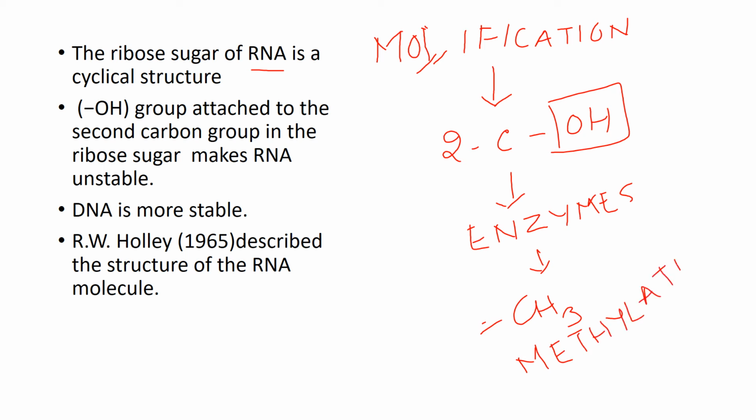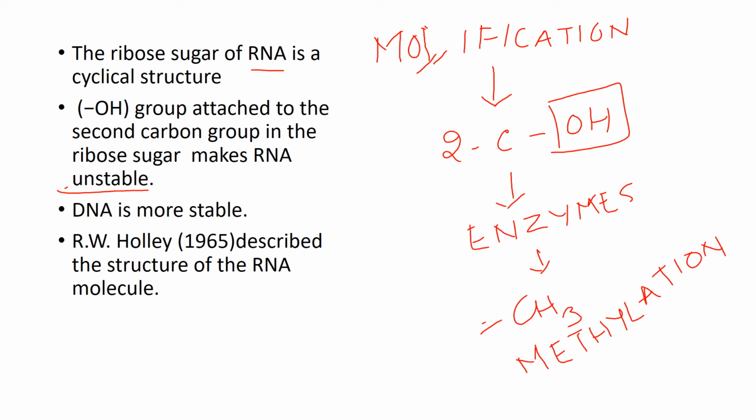Now the significance of this methylation is that it helps in formation of different kinds of bonds, and also the second carbon gives a reactive nature to the RNA, which makes it more prone to hydrolysis, and therefore it makes RNA an unstable molecule when we compare it to DNA.